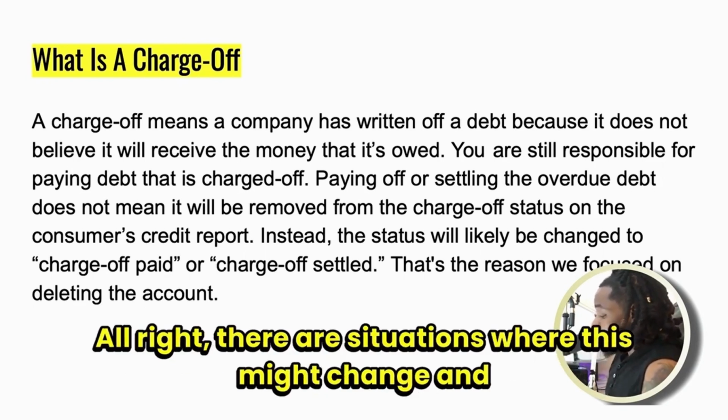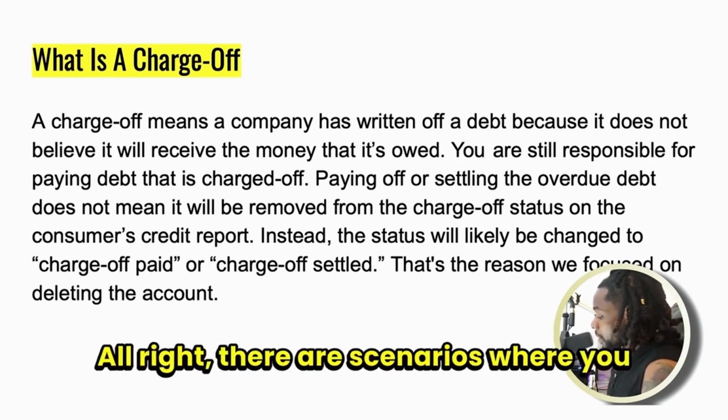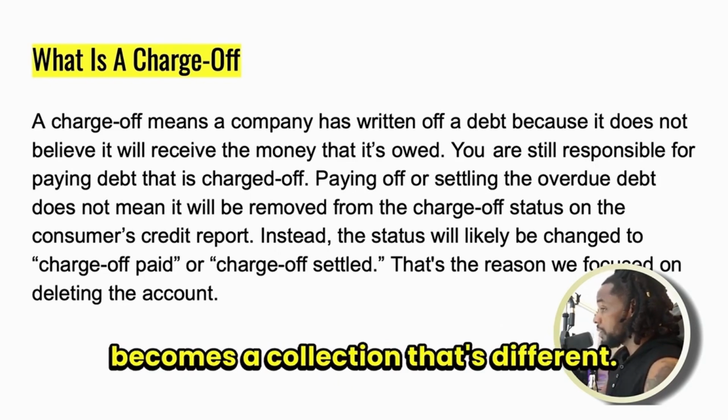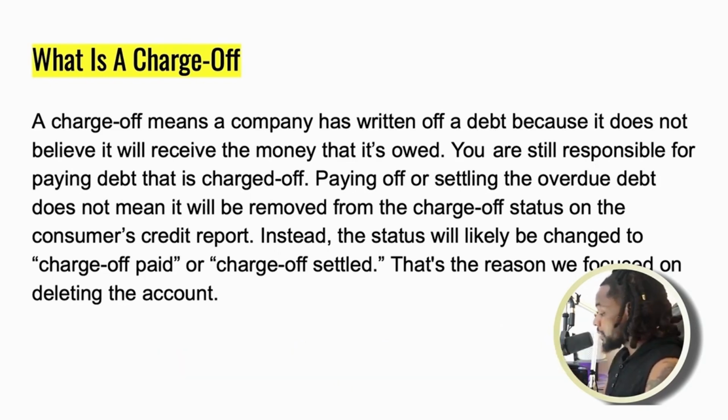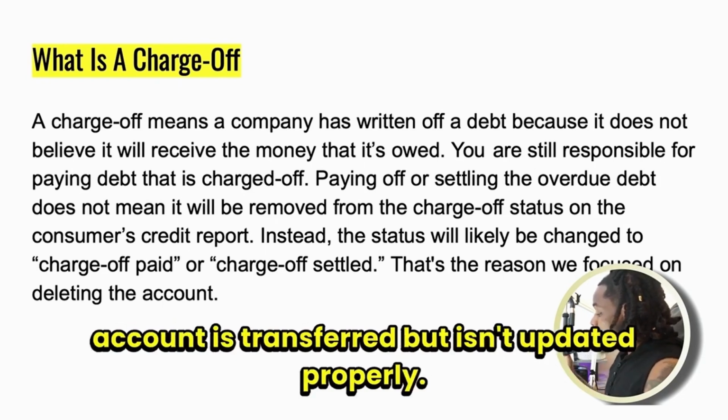All right. There are situations where this might change, and we are going to go through a few scenarios here. All right. There are scenarios where you may have a charged off account that becomes a collection. That's different. That's a situation of double jeopardy, where the account is transferred but isn't updated properly.